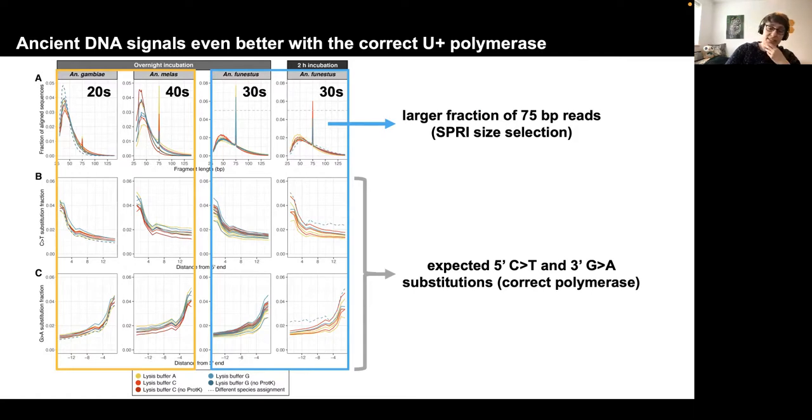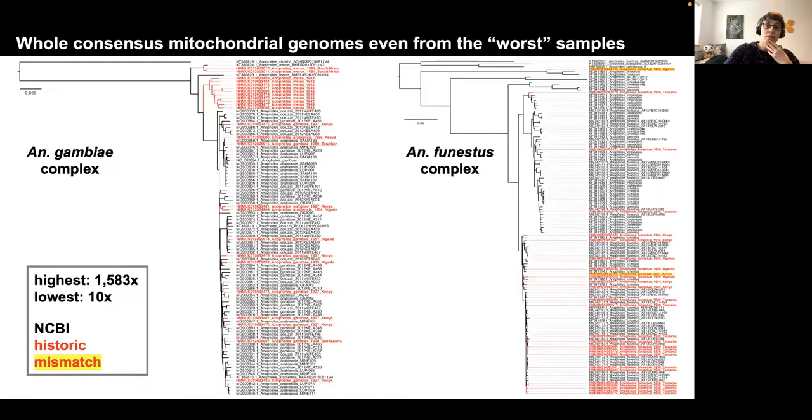What we did next is that we had a look at the mitochondrial genome. So we were able to create whole consensus mitochondrial genomes from all samples in both experiments. And this included the samples where we had really bad nuclear coverage, so it was barely detectable, but even so, as you're all already aware, there's always way more mitochondrial DNA than nuclear DNA.